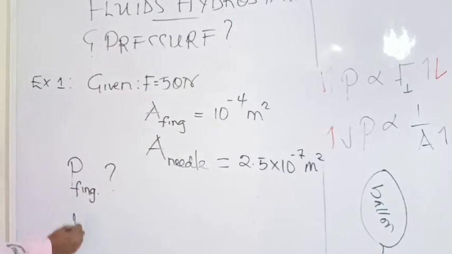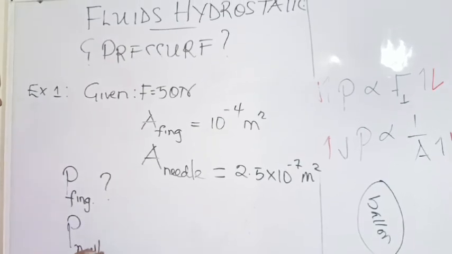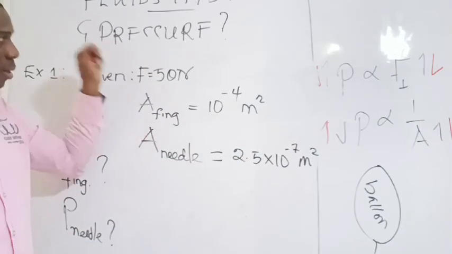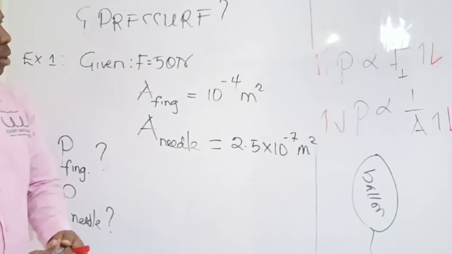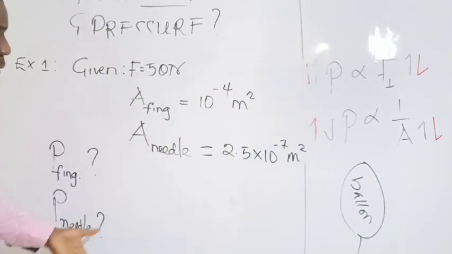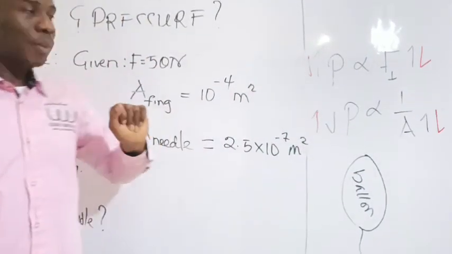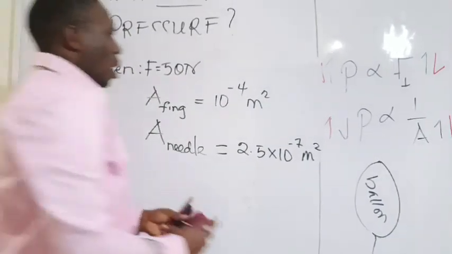And for another, what is the pressure by which the needle exerts a force on that same balloon? The force is a given, 15 Newton. So let's go ahead and see. You would really find out that at the end of the day, once I'm done crunching these numbers, you figure out that this relation holds true for a given force.